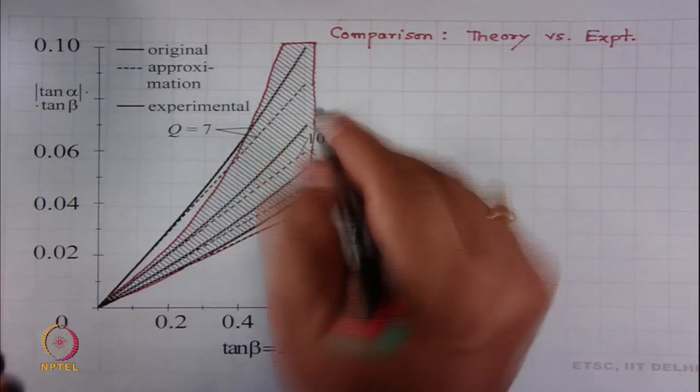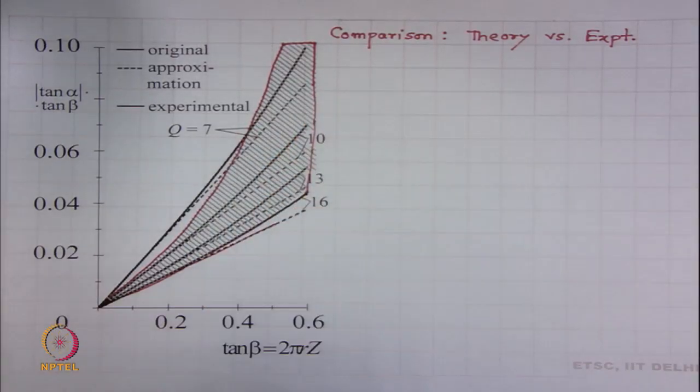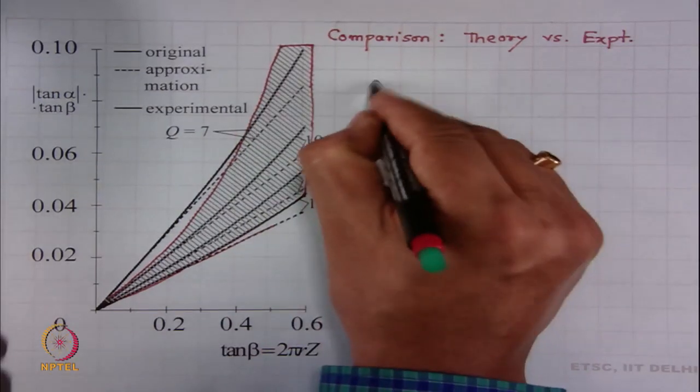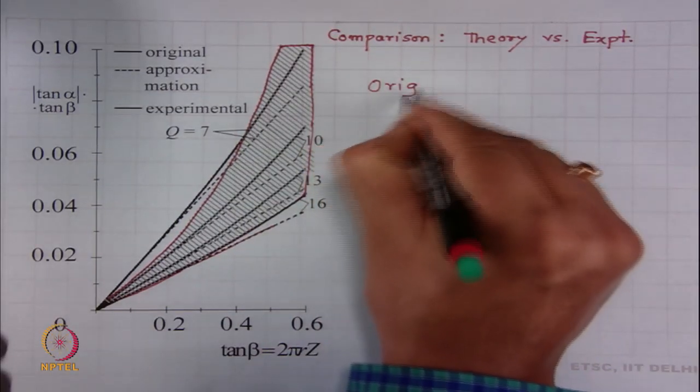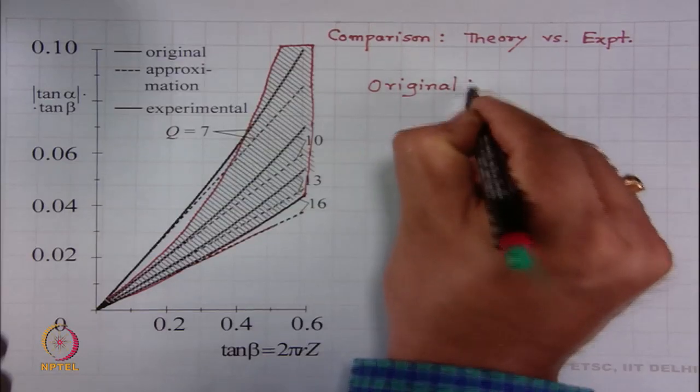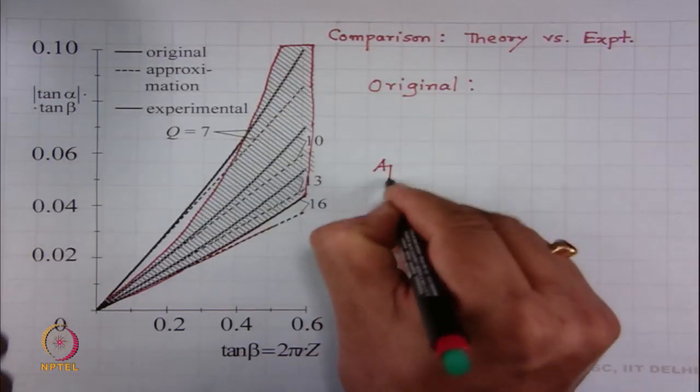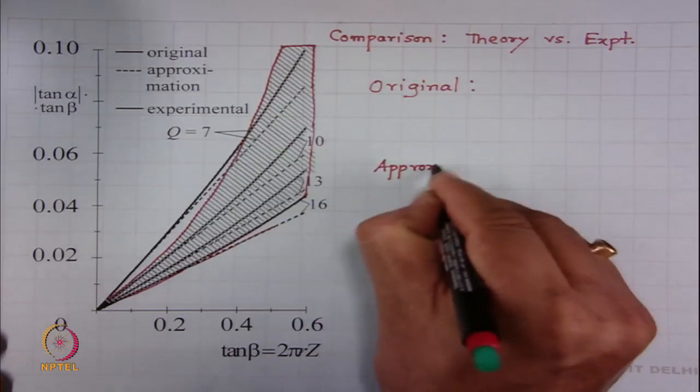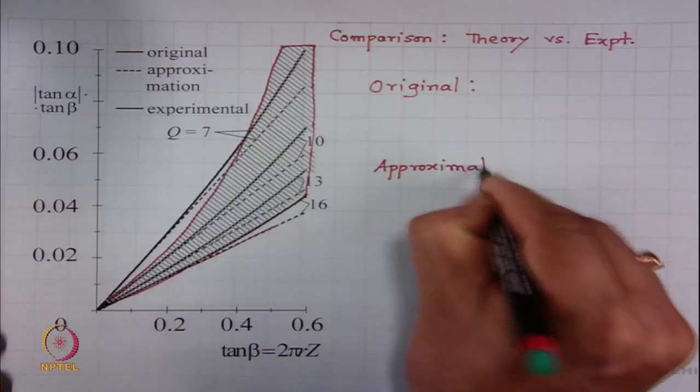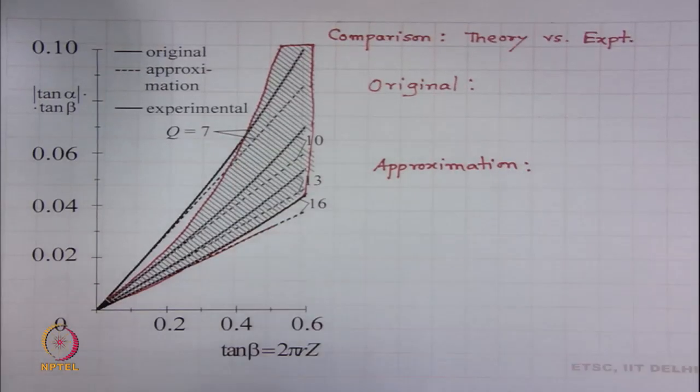Right. So, this is your experimental region. Now, two types of curves are there. One is original, second we see approximation.